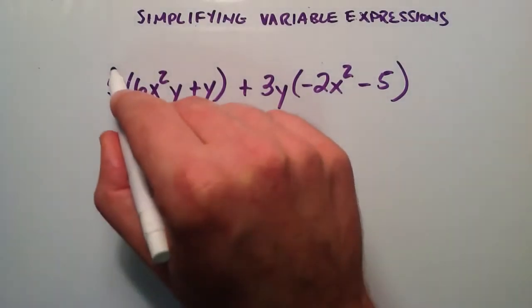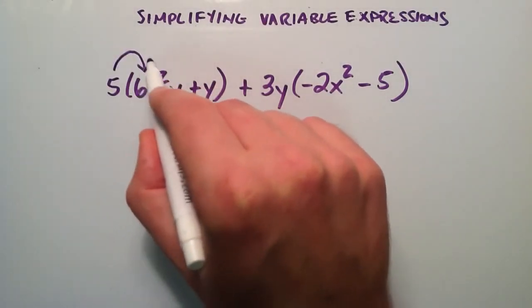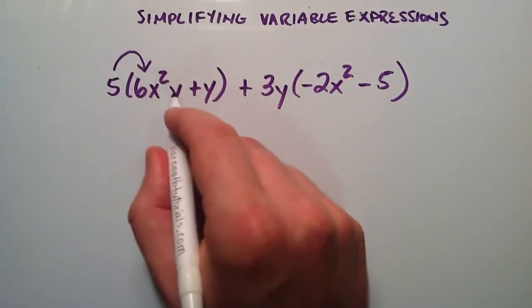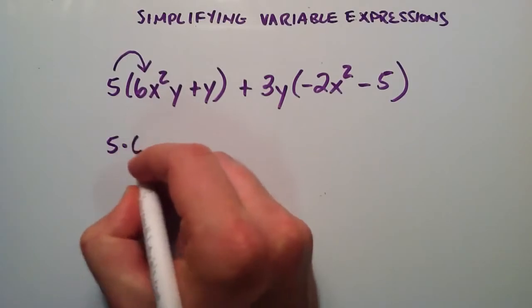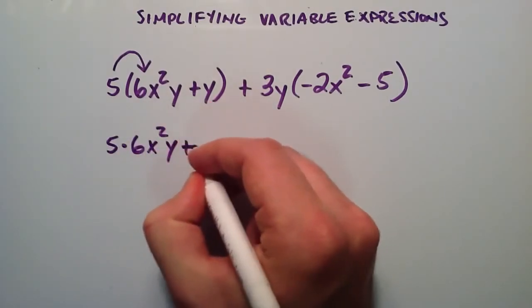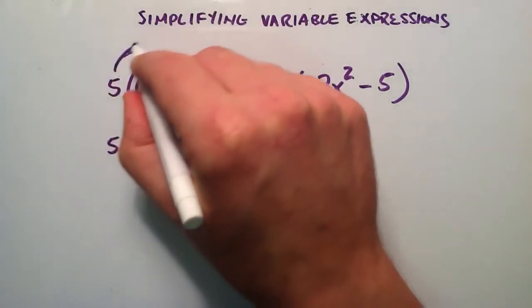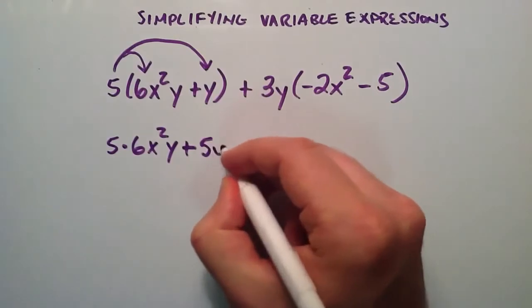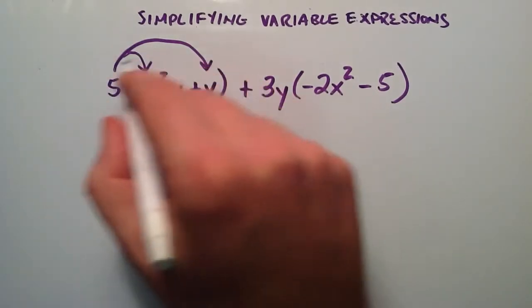So the first thing, we're going to distribute the 5 into the first term here. So this becomes 5 times 6x squared y. Then we put the addition sign here, and now we distribute into the next term, 5 times y. Now we've taken care of this part of our expression.